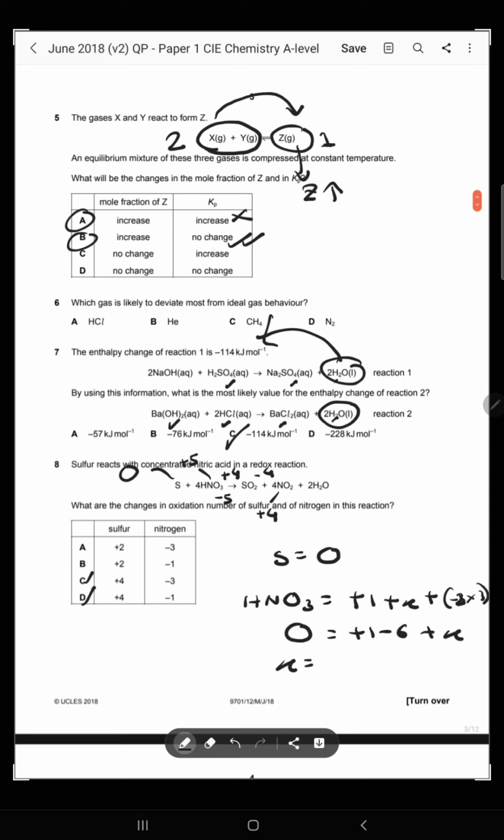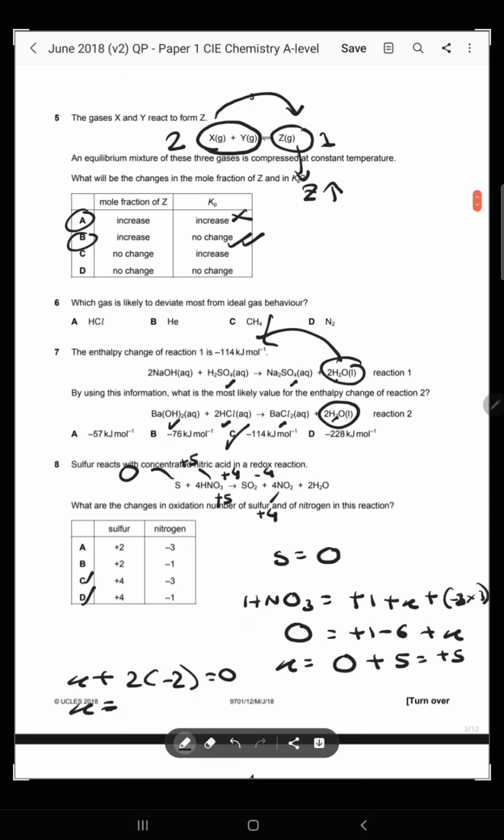So x is equal to 0 plus 5, equals +5. Did I make a mistake? Yeah, it should be +5. I'm sorry, +5. And for sulfur dioxide, x plus 2 into -2 is 0.